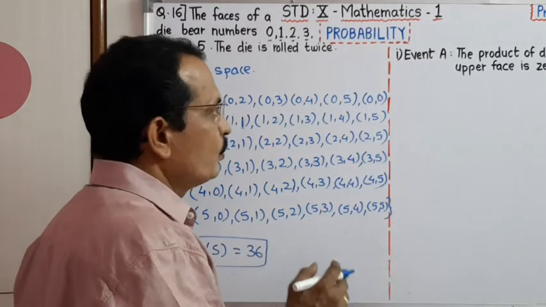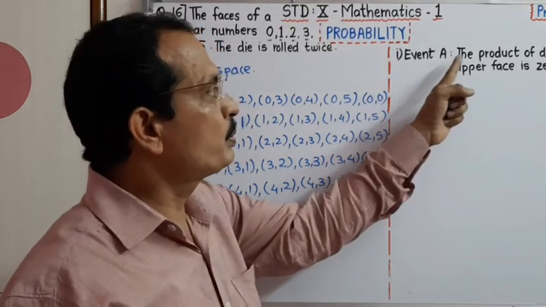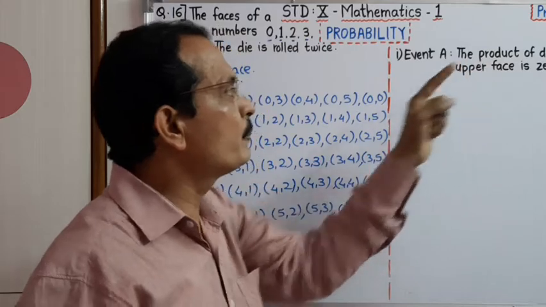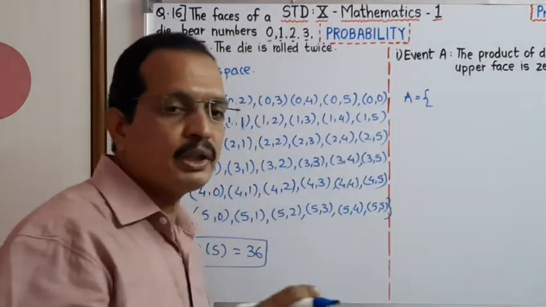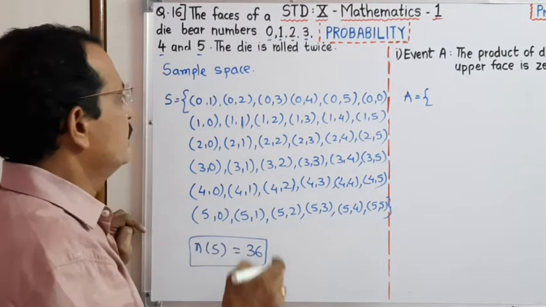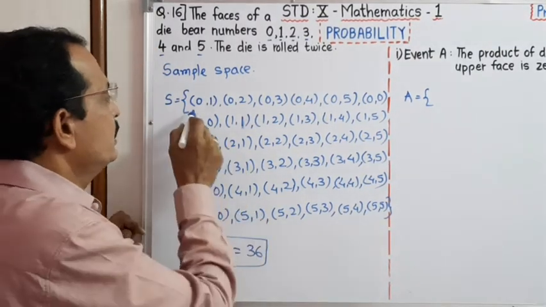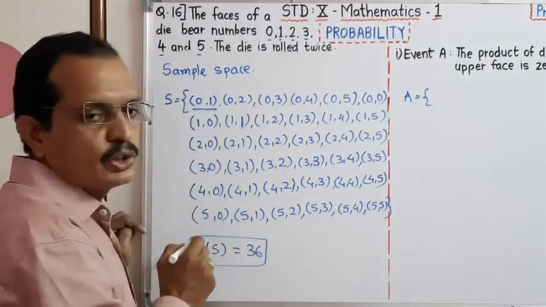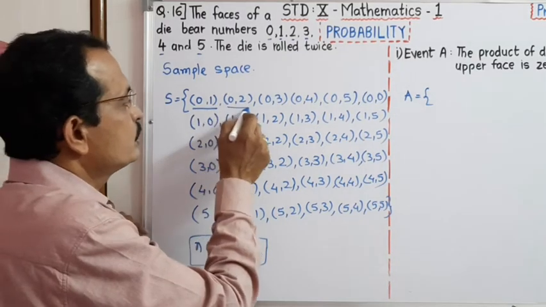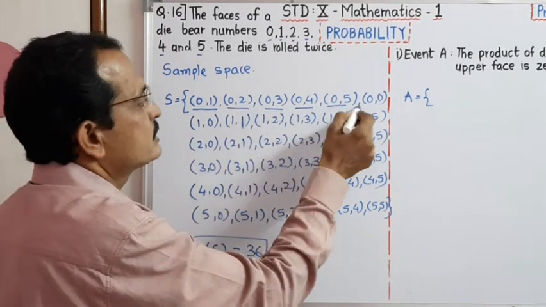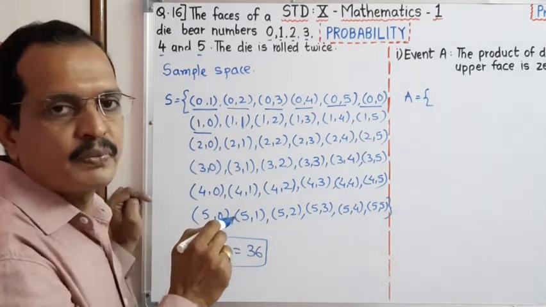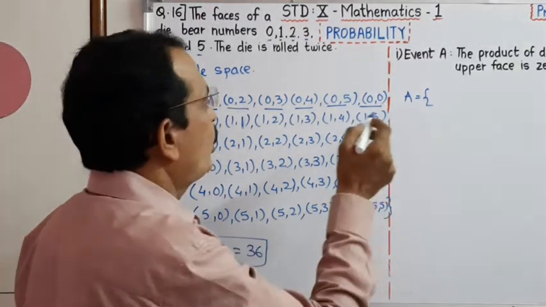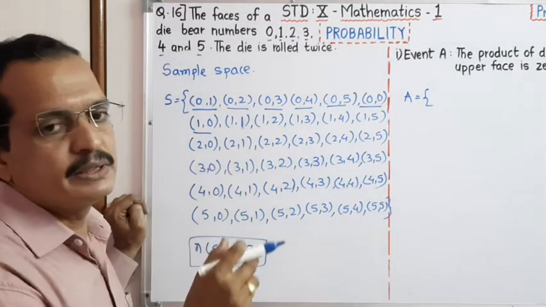Now we have to find out the probability that the product of the digits on the upper face is 0. That means, see dear student, if you multiply 0 into 1, and this, here we get the multiplication of the digits on upper face is 0.